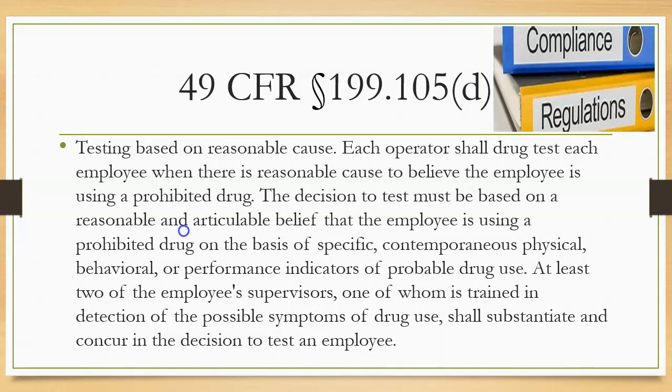The decision to test must be based on a reasonable and articulable belief that the employee is using a prohibited drug on the basis of specific contemporaneous physical, behavioral, or performance indicators of probable drug use. At least 2 of the employee's supervisors, one of whom is trained in detection of the possible symptoms of drug use, shall substantiate and concur in the decision to test an employee.